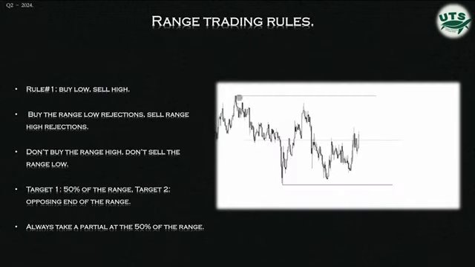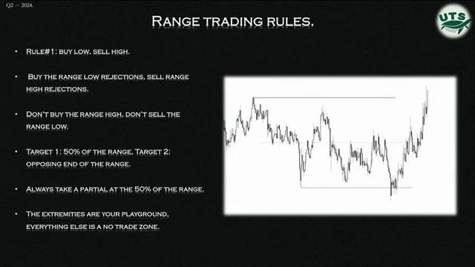Again, you have a range high, a range low. The market is clearly chopping between point A and point B. The rules say buy low, sell high: buy the range low, sell the range high. Don't sell the range low, don't buy the range high. Target one is 50% of the range, and target two is the opposing end.